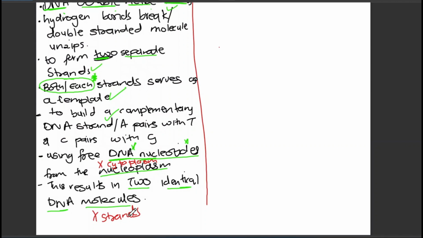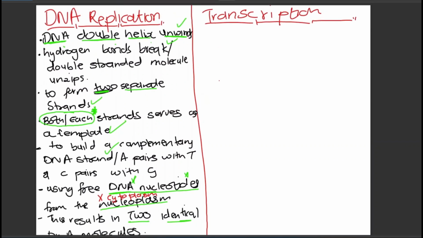That is important. If you're talking about 2 identical strands, that is incorrect, because in that molecule we had that double helix, which is the DNA, right?